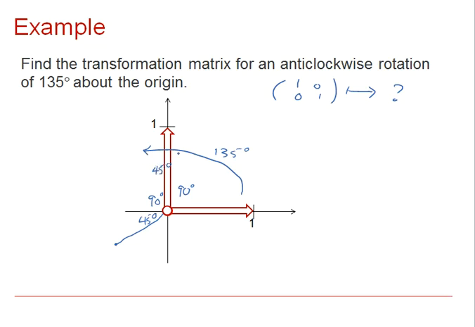Hence, if we draw in this line, we know that's length 1, we know that's length 1. And we also know that using Pythagoras, and in fact it's still a right angled triangle, although it may not look like it in my rather bad diagram, that this is going to be root 2, and that the x and y values will therefore be root 2 over 2, or 1 over root 2, and minus 1 over root 2.